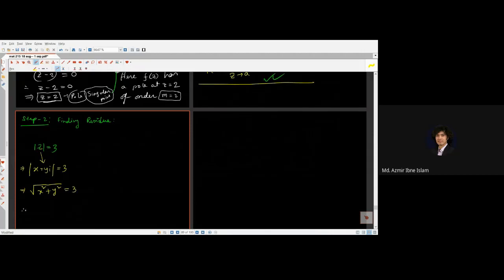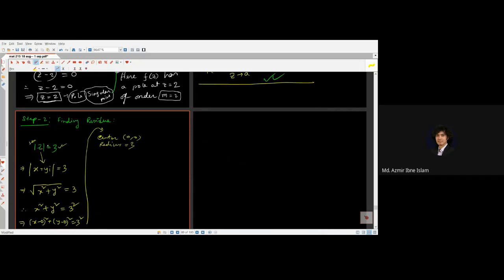If we square on both sides, then we get x squared plus y squared equal to 3 squared. That means this is the equation of a circle with center 0, 0 and radius 3. So let's draw this circle.